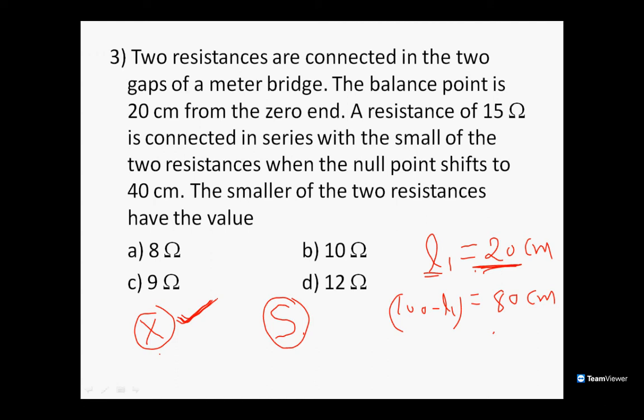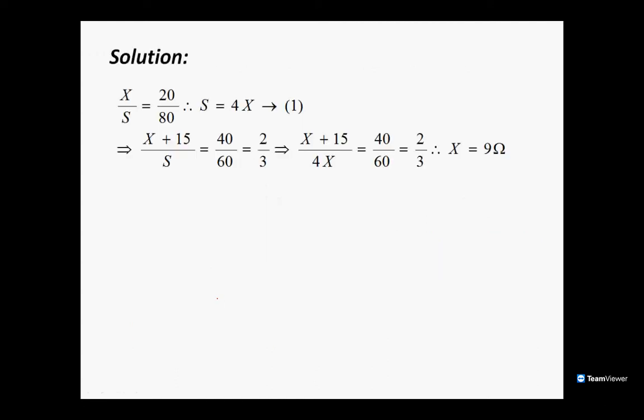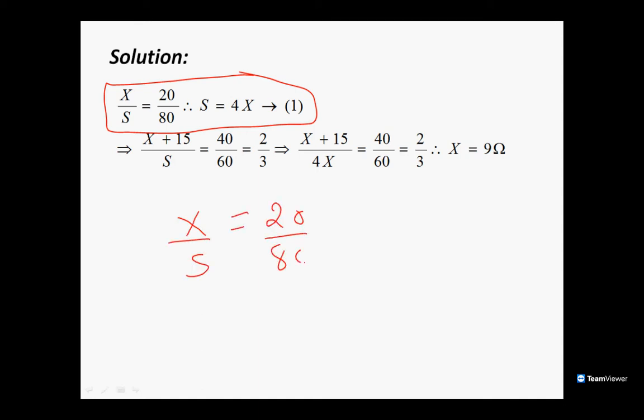He didn't tell where the 15 ohm is connected, but he told that it is the smaller, which you should identify. That is, X is the smaller. Now I'm writing the two equations. X by S equals 20 divided by 80, which equals 1 by 4.